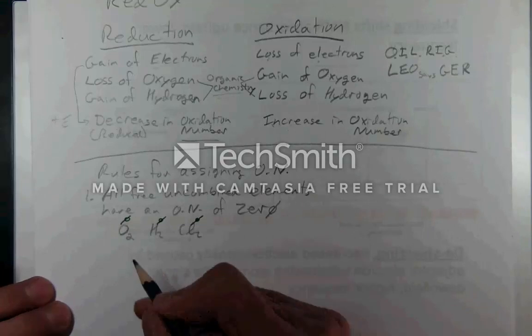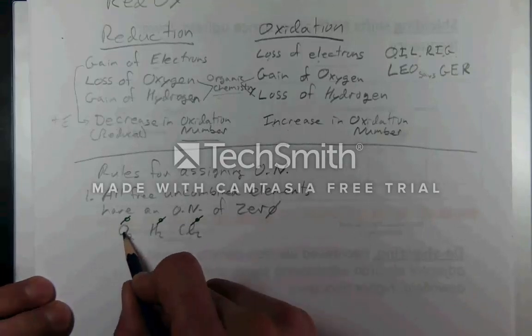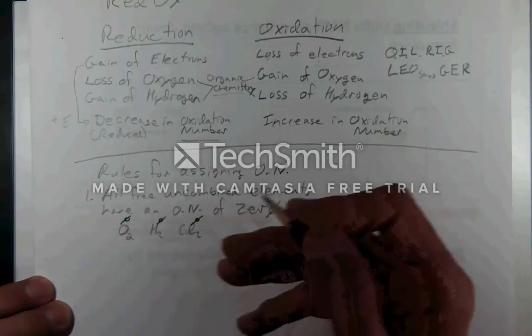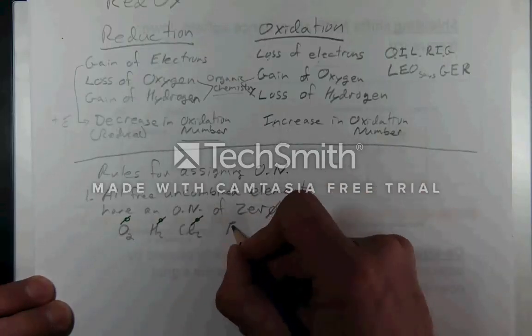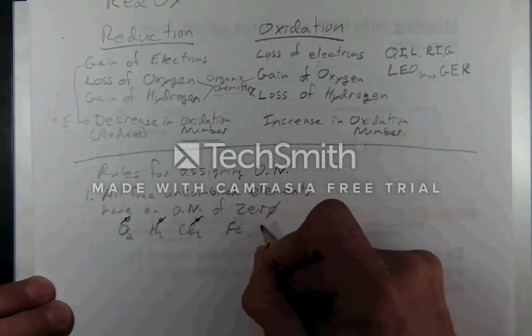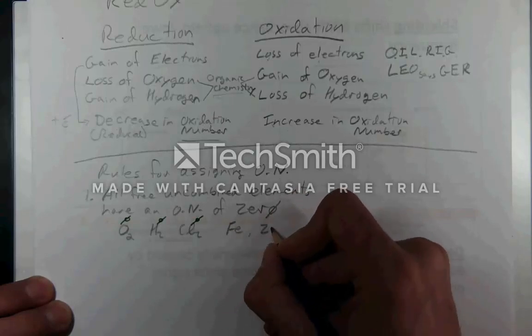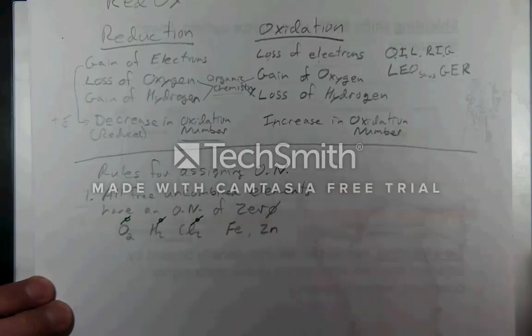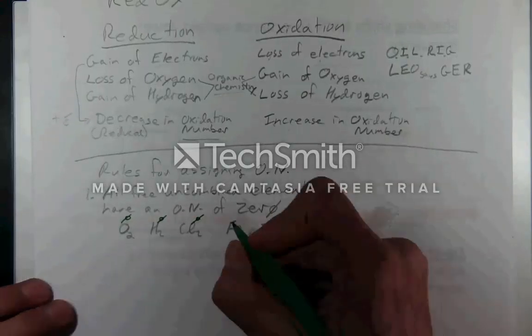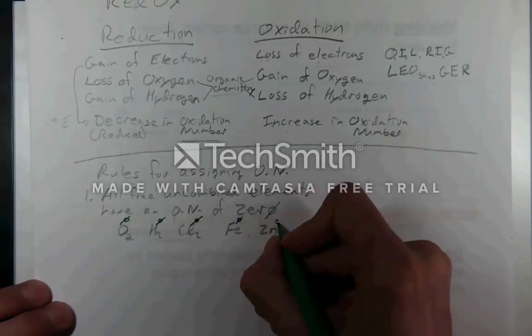The trick here is to remember that even though this is an oxygen molecule, it is still elemental oxygen. It is not combined with any other element, so it is not a compound. And its oxidation number, or its oxidation state, is 0. Other elements, like elemental iron, or elemental zinc, which we'll see in a reaction in a moment, they too will have an oxidation number of 0.